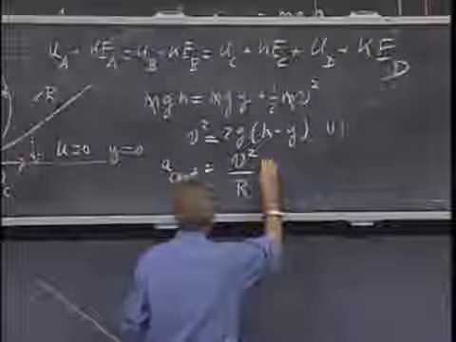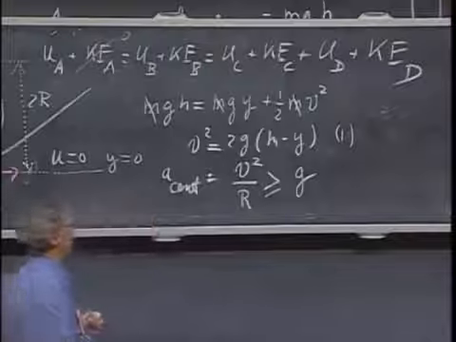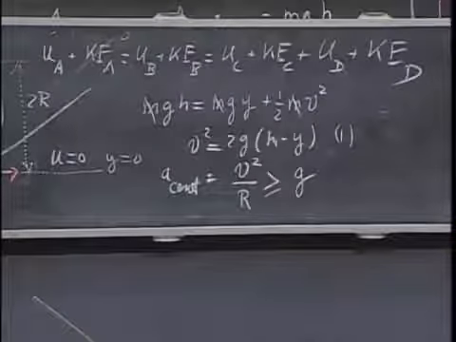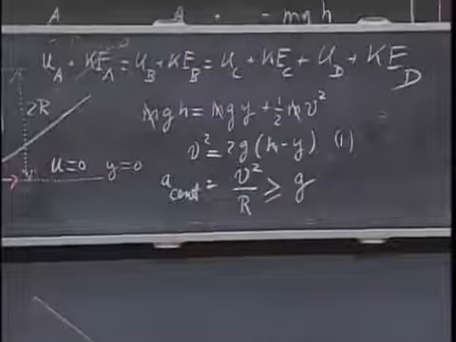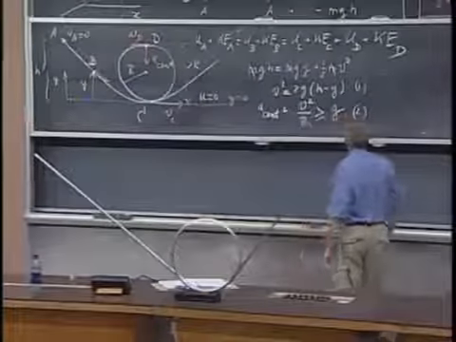And this must be larger or equal to the gravitational acceleration g. If it is not larger, the bucket of water would not have made it to that point D. So this is my second equation that I'm going to use.